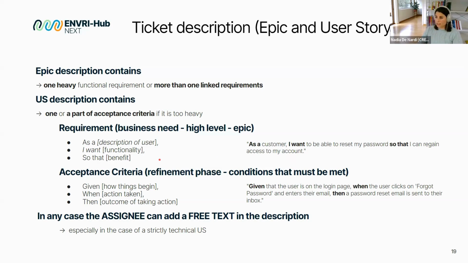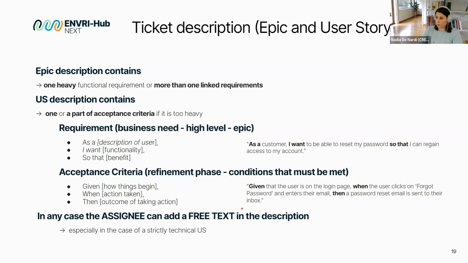In the user story, instead, we write the acceptance criteria. This is the template, and the example is, given that the user is on the login page, when the user clicks on forgot password and enters their email, then a password reset email is sent to their inbox. So you see that this analysis is deeper, okay?